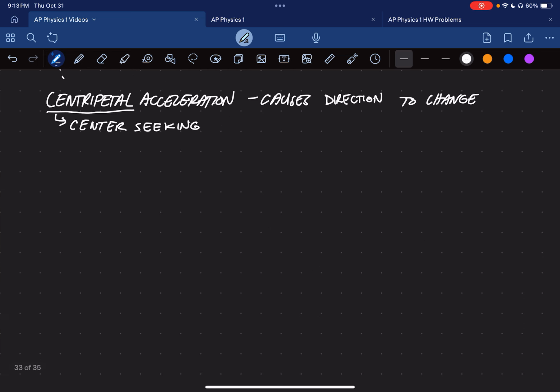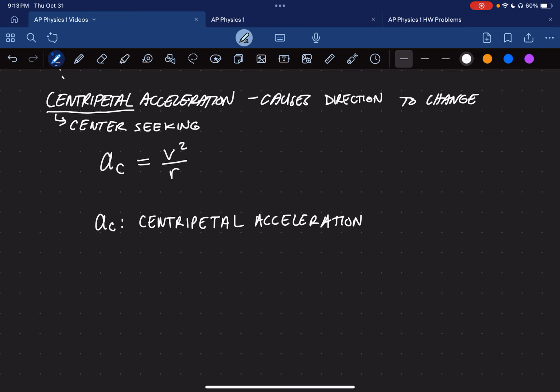And so there is a way to calculate the centripetal acceleration. Lowercase a subscript c is v squared over r. This is the centripetal acceleration in meters per second squared. v is not the velocity, but the speed of the object in meters per second.